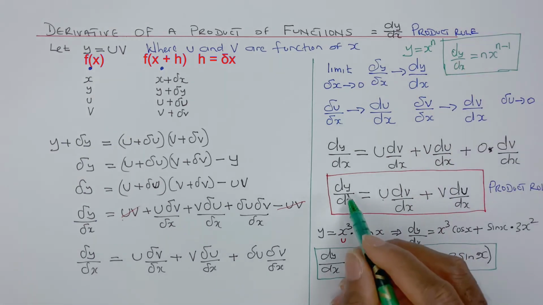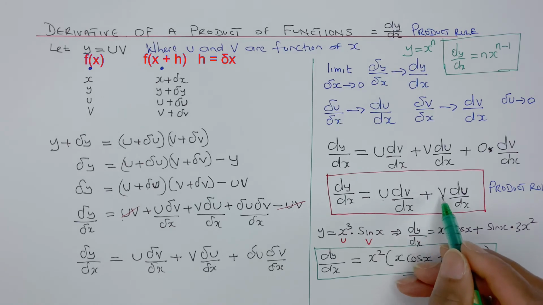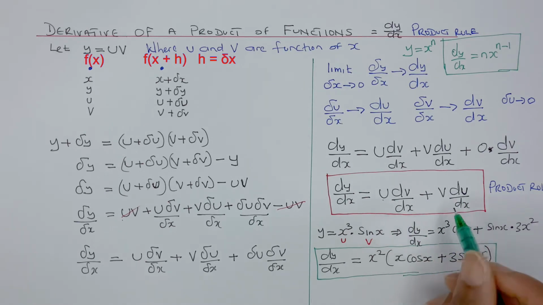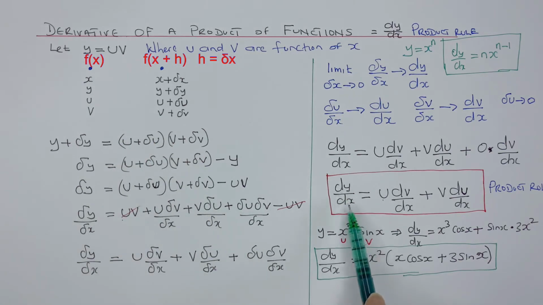So the product rule is dy/dx equals u dv/dx plus v du/dx. Remember, alphabetically, u comes before v. So dy/dx equals u dv/dx, then v du/dx. That's how to remember: u, then differentiate v, and then v, then differentiate u. And that's what that is.